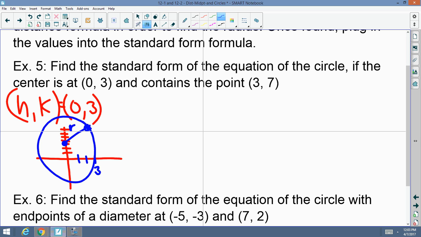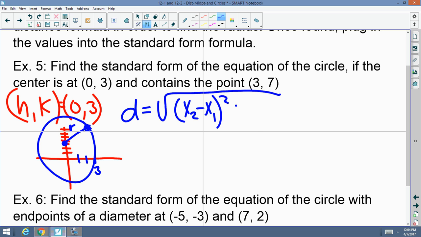How do I find the distance between 2 points that are on a slant like this? The distance formula. Good job, guys. So distance equals, remember, x2 minus x1 squared plus y2 minus y1 squared. So label and plug it in.